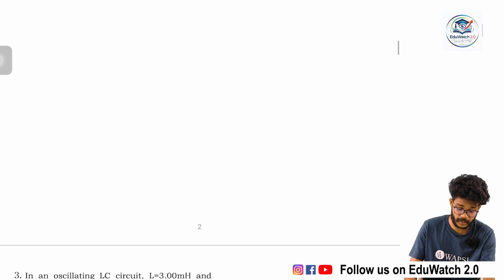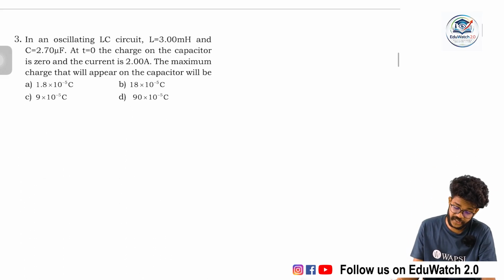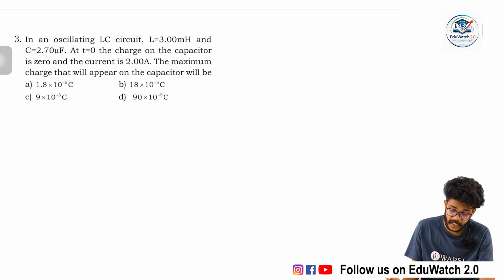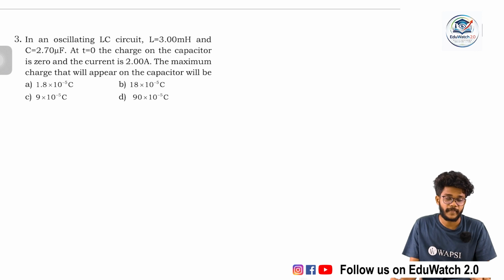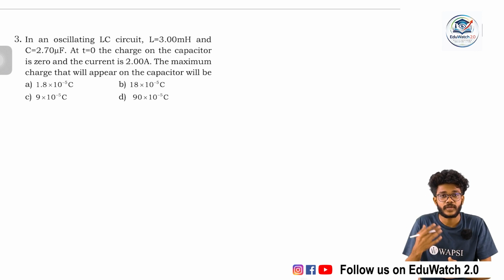Third question is, in an oscillating LC circuit, L is 3 millihenry and C is 2.7 microfarad. At t equal to 0, the charge on the capacitor is 0 and the current is 2 ampere. The maximum charge, that means the inductor and the capacitor is getting the charge, and the inductor starts to produce the magnetic field and the capacitor starts to store the charge.